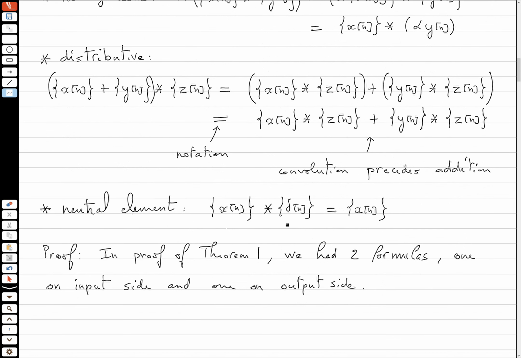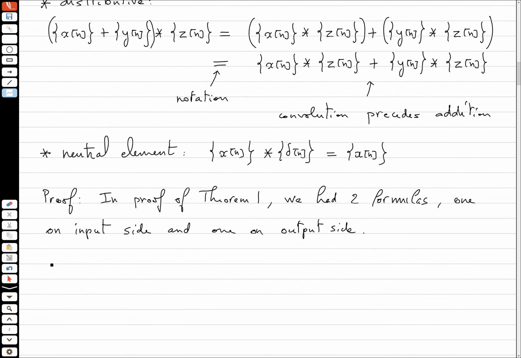Now, do you remember the formula on the input side? If you don't remember, I'm going to write it, and you tell me if it looks like what you saw. x of n was expressed as a sum, when k goes from minus infinity to plus infinity, of x of k delta of n minus k.